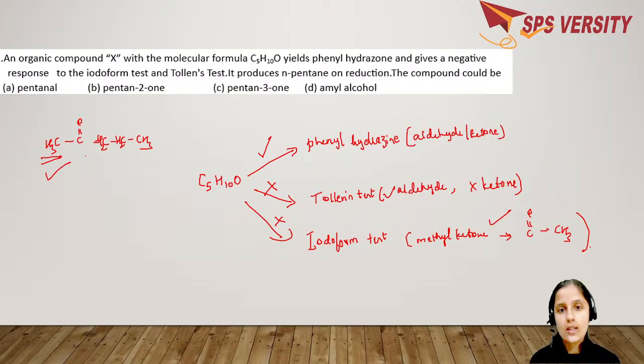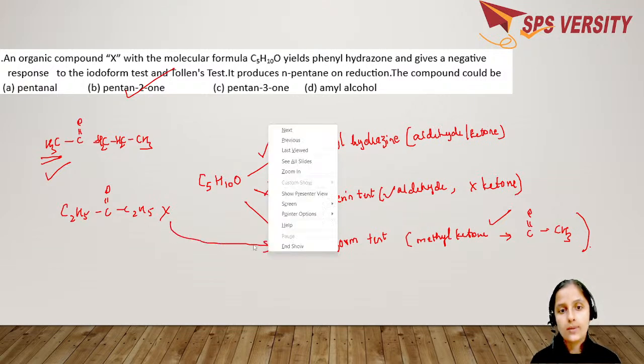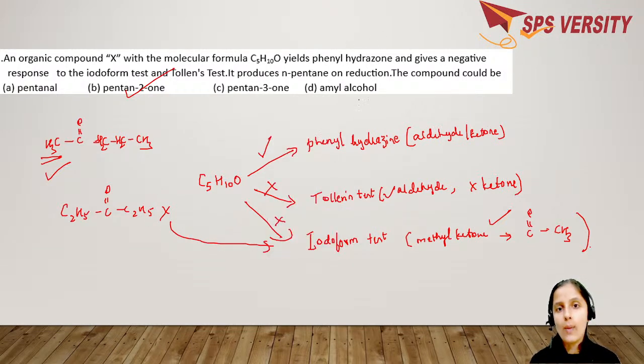It doesn't answer the Tollens reagent, and it is going to answer the phenylhydrazine test. So this could be one of the answers. We'll check with the other answers too. Pentan-3-one, that's C2H5, C double bond O, C2H5. There is no methyl group, so it doesn't answer the iodoform test. Amyl alcohol is definitely not an answer. So the correct answer will be option B, that's pentan-2-one.